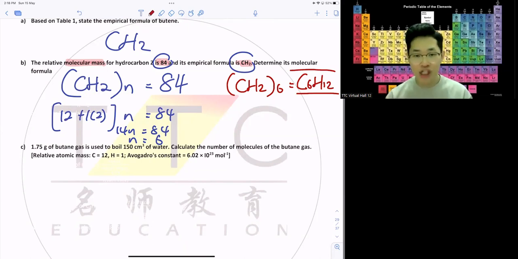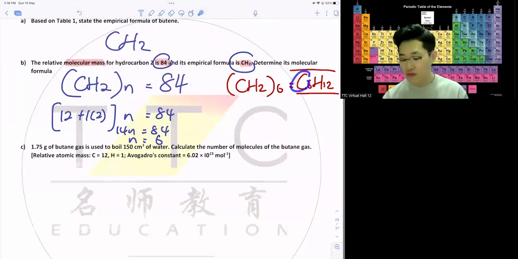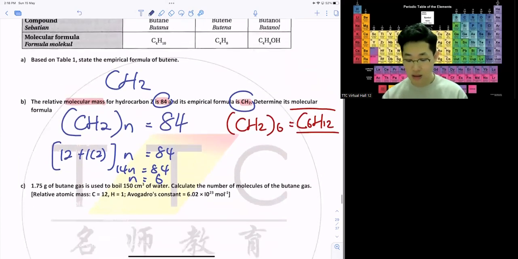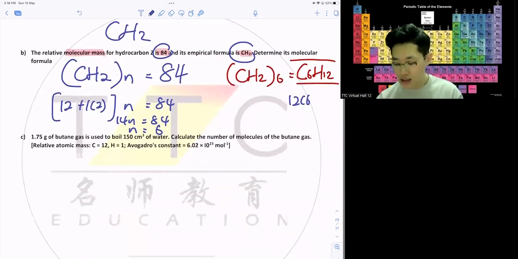You can also double check your answer by putting in the mass of C and H. C is 12, H is 1.